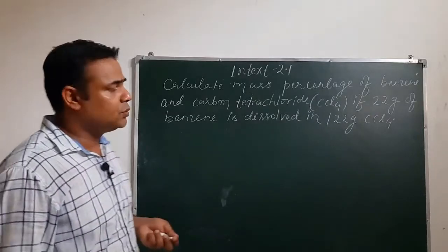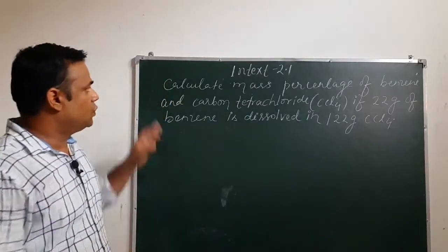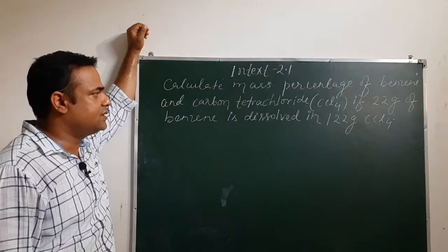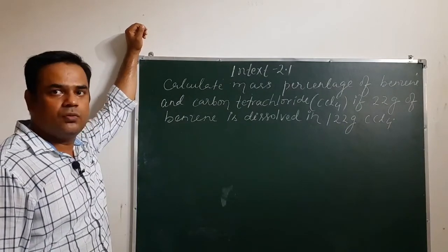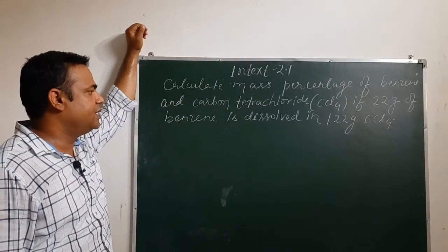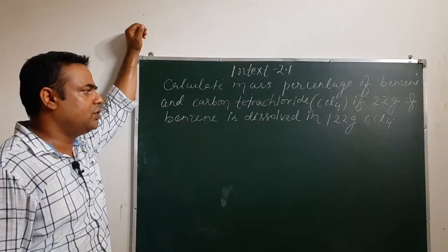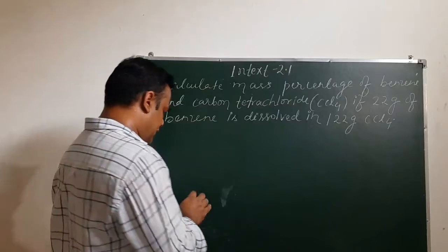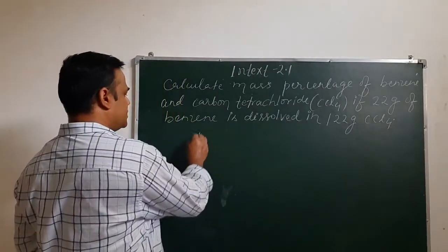Next, question 2.1. Calculate mass percentage of benzene and carbon tetrachloride CCl4 if 22 gram of benzene is dissolved in 122 gram. So we have to find mass percentage. We know the formula of mass percentage.